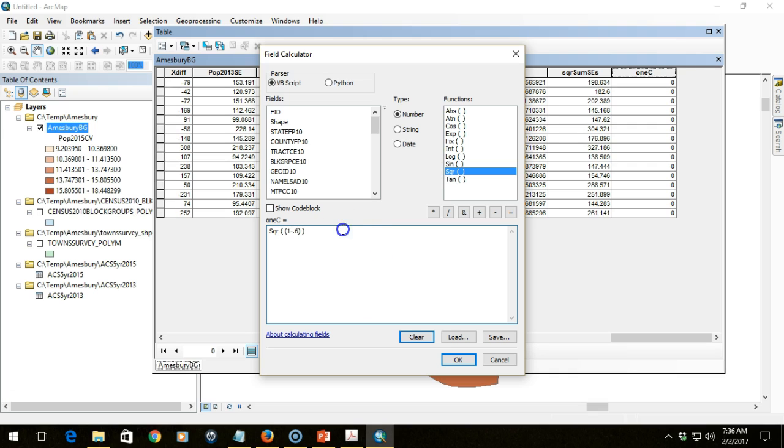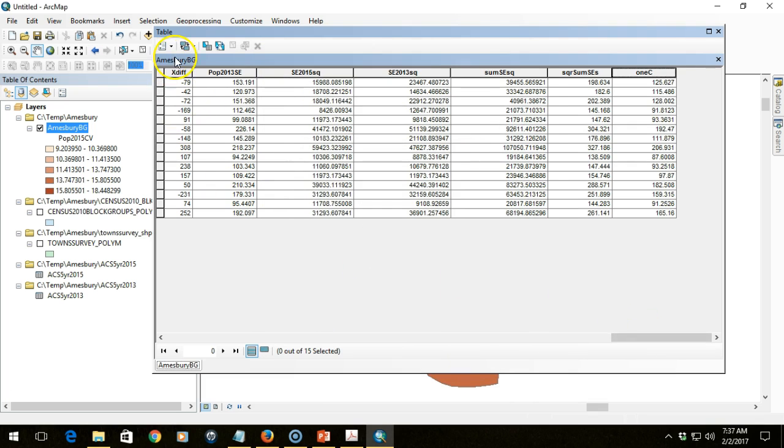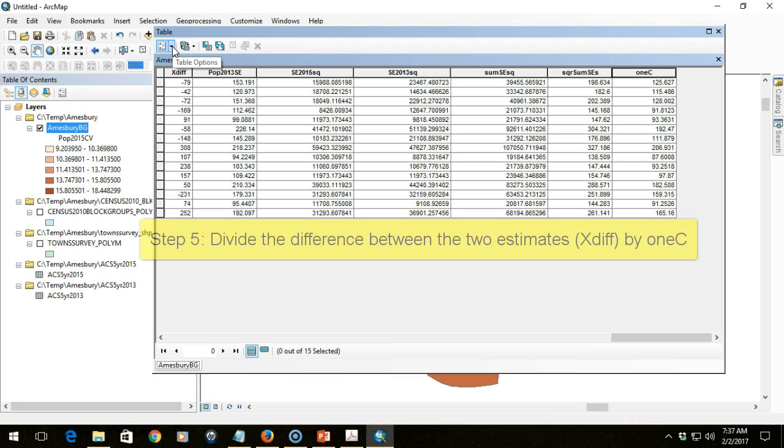We can actually complete this part of the calculation in one field. So we're going to take that square root of 1 minus c, 0.6, and multiply that by the square root of the sum of the squared standard errors. Finally, we're going to divide the difference between the two estimates, the xdiff, by that 1c.